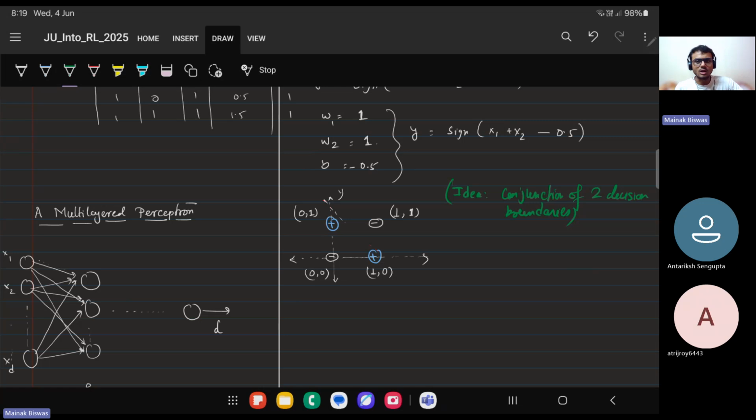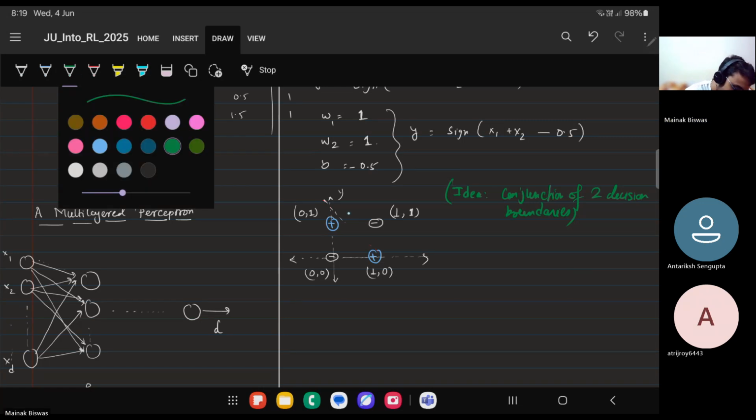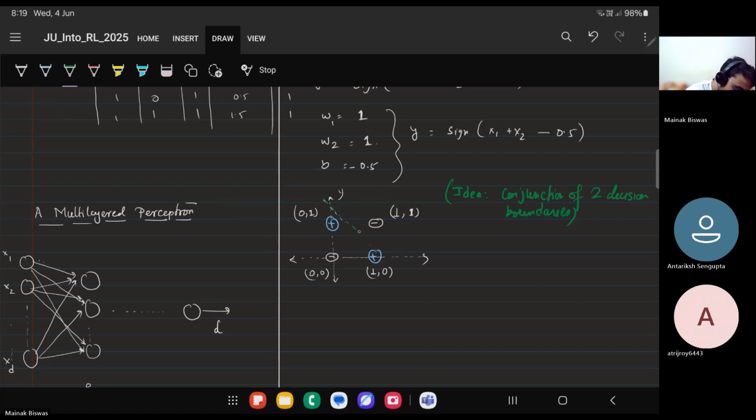Can you tell me now how to do that? What will be the two decision boundaries? One would be the one we had considered earlier, and one where the b would be 0.5, I guess. Correct. So let us geometrically first see, then we'll decide the functions. For this line, we will say this side is positive.